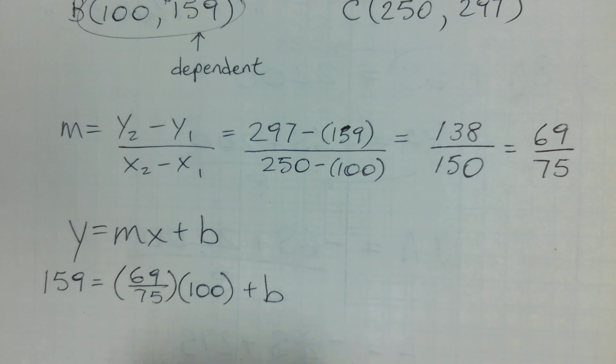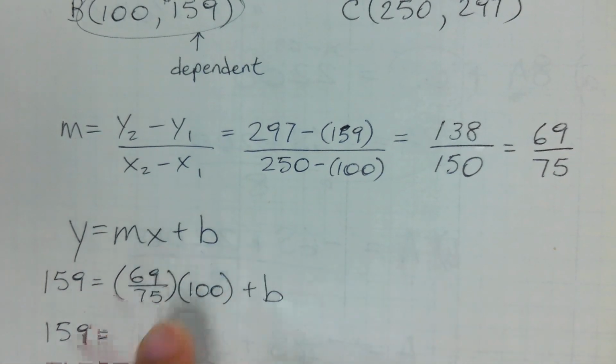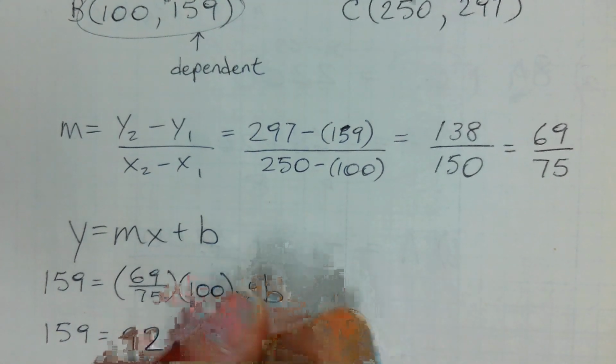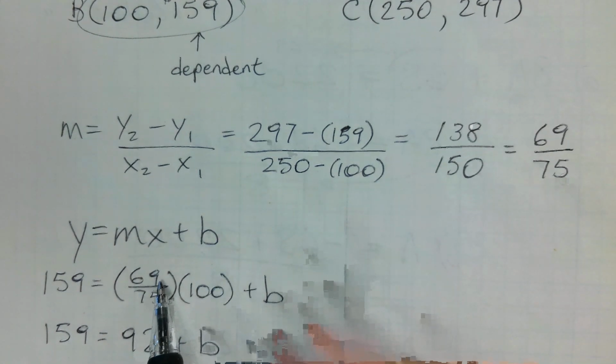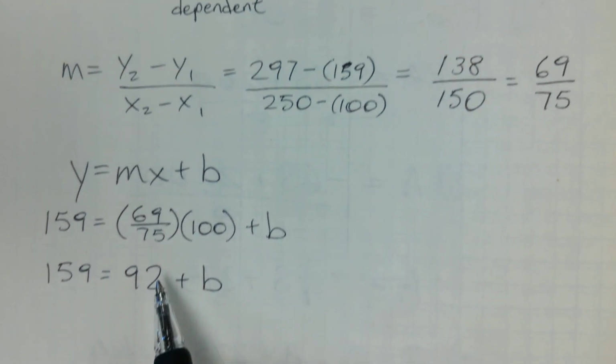When you simplify this, 69 times 100 divided by 75, I get 92.